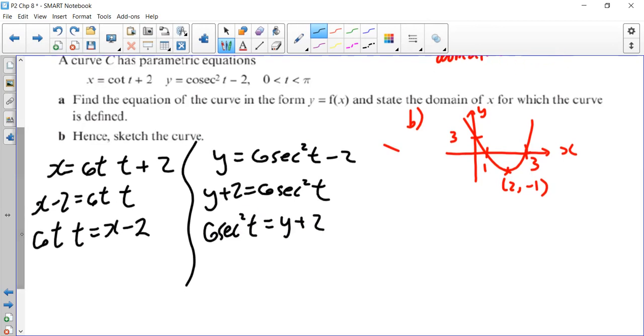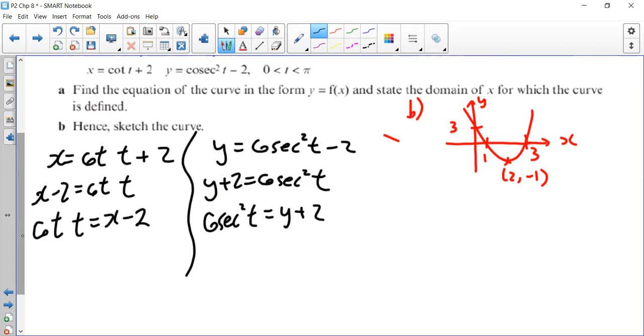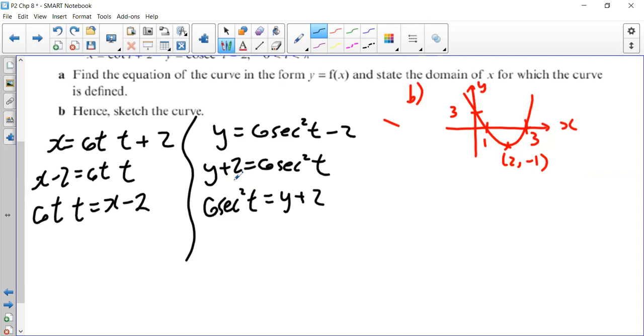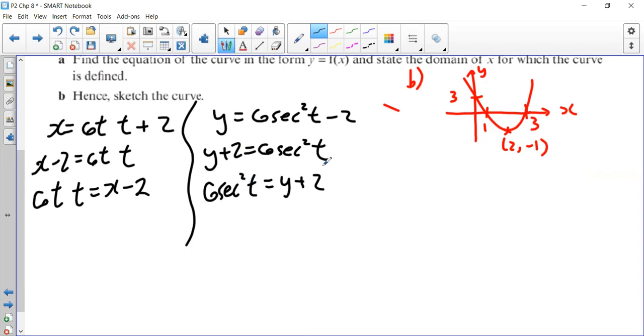So, sir, why don't you make cosec the subject? Why do you leave the squared in there? Because I know in my mind already, I'm going to use 1 plus cot squared a equals cosec squared a, and there's a cosec squared in there. So there's really no point making it a square root on the other side.